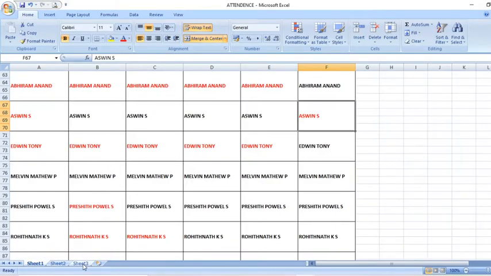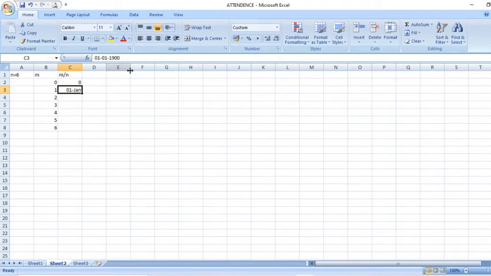For example, I will show you. Suppose this is m and this is n.